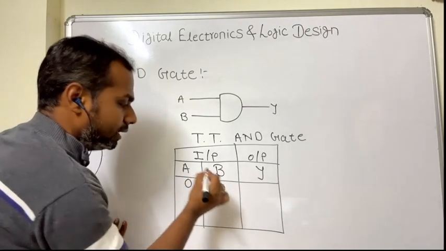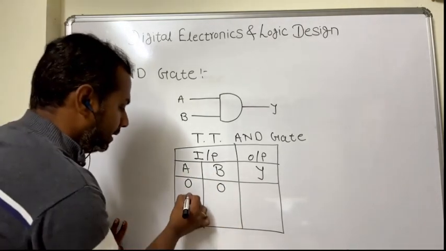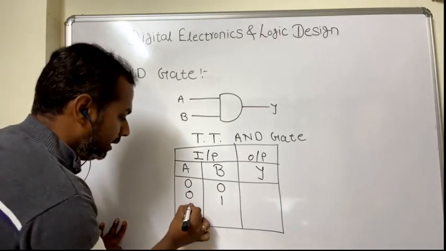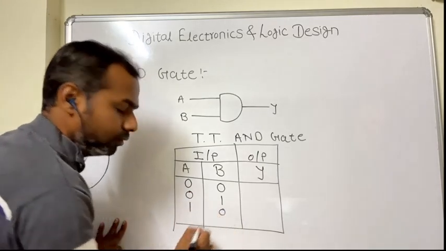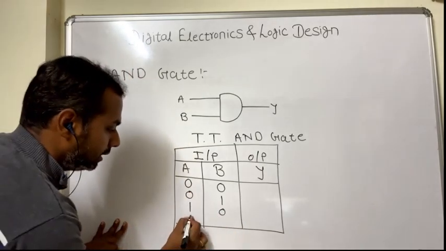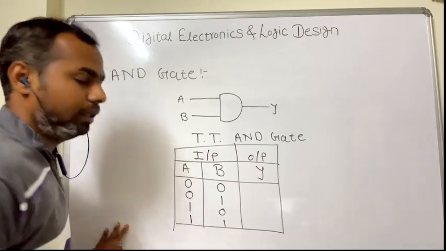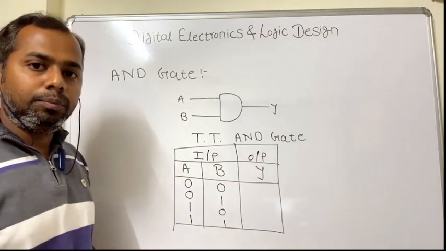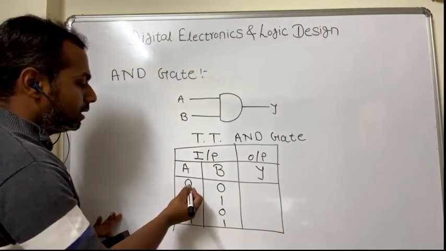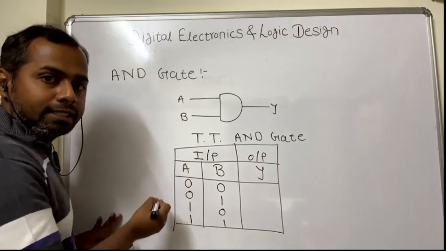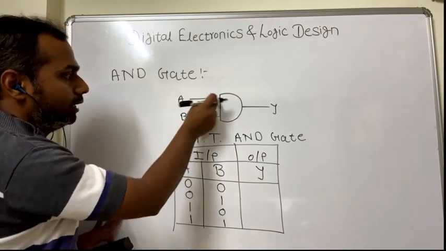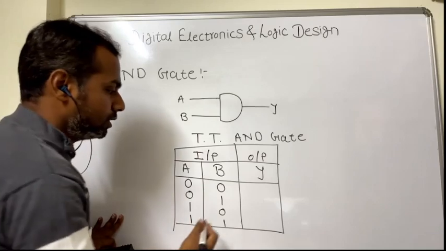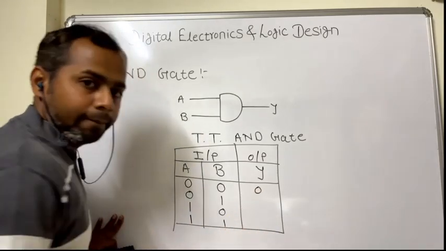First combination is 0, 0. Second combination is A 0, B 1. Third combination is A 1, B 0. And the last possible combination is A 1, B 1. For all these four combinations, we write the output Y. If A is 0 and B is 0, then the AND operation gives 0.